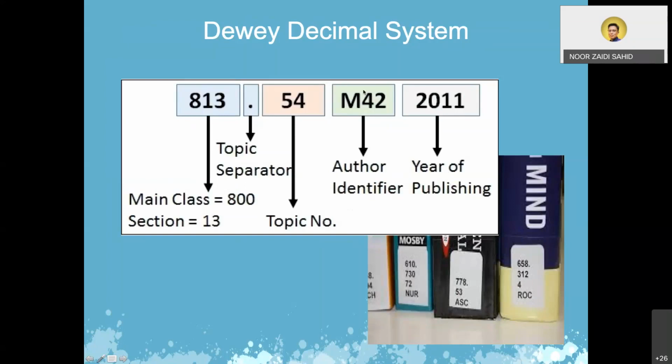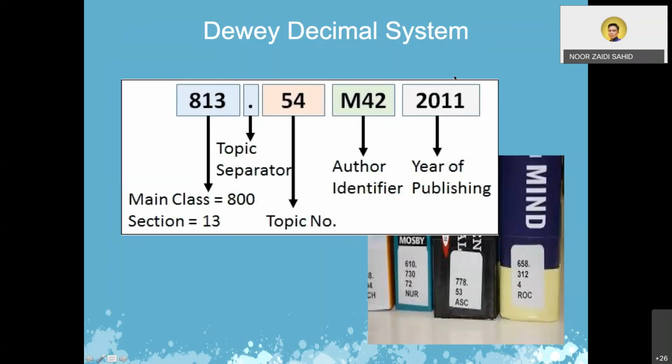But if you compare this example with the book spine, they use a different style or concept. Okay, like this: 778.53, this part is the same. It still uses this.